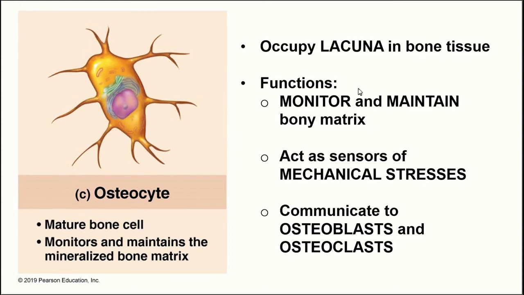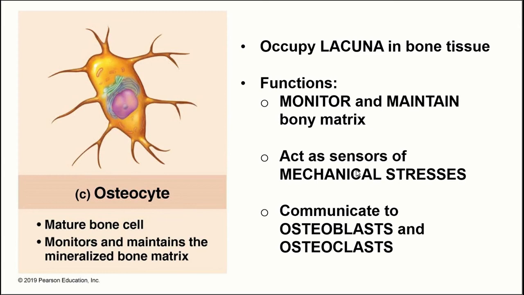And their main functions are to monitor and maintain the bony matrix, so they maintain those organic components that we see within the extracellular matrix of bone tissue. They also act as sensors of mechanical stresses, so pulling and compressive forces, I guess I should say, on bony tissue is what they will monitor.